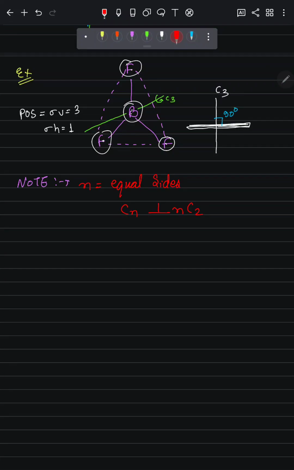So we can assume that if equal sides are present in a molecule, just like F here, then the Cn axis, which is our principal axis, in the case of C3, is perpendicular to three C2s.